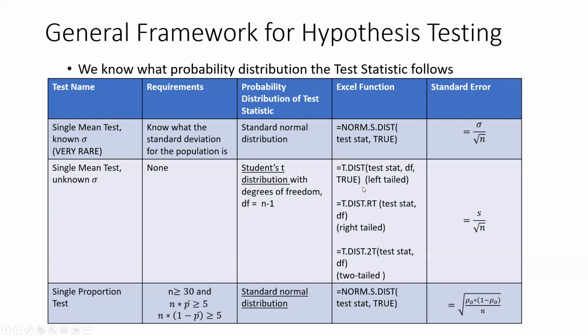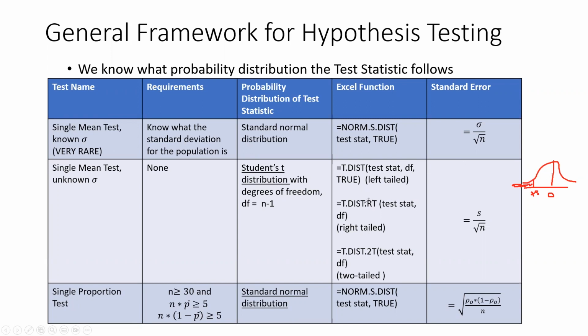In Excel, there are three different functions that we can use to look this up. If our test statistic is less than 0, and we know we are dealing with a left-tailed test, so imagine that that's a normal distribution around 0, this function, when we put in our test statistic value, gives us the probability in the left tail.